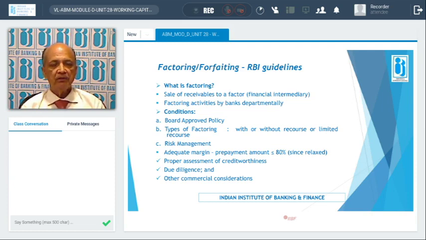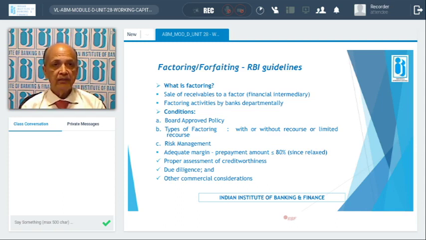But this matter has since been reviewed, and now, as per the latest guidelines, banks undertaking factoring services departmentally can take the call.